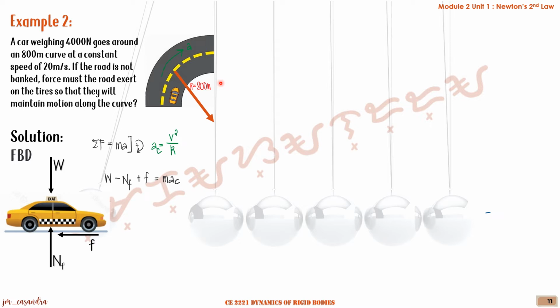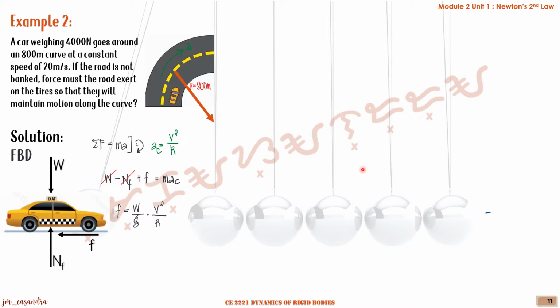So take note, if we derive our summation of forces vertical, we'll arrive at W equal to N. Thus, in our equation, W and N will cancel out, leaving us with F equal to m a_c, wherein m is equal to W over g and a_c is equal to v squared over r. Okay, so this will now be our final equation.